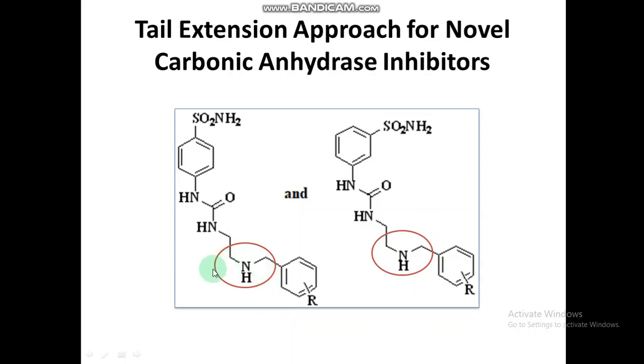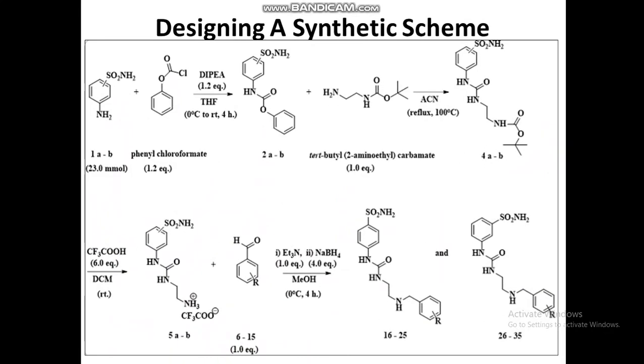If we look at the structure, this is our head group, which is the zinc binding group, then a urido group, which is a spacer, and then this is the tail, which is extended. In both cases we have extended the tail, and the position of the substituent is varied. In this way, this is our drug design, and then we designed a synthetic scheme on the basis of which we can synthesize our compounds.